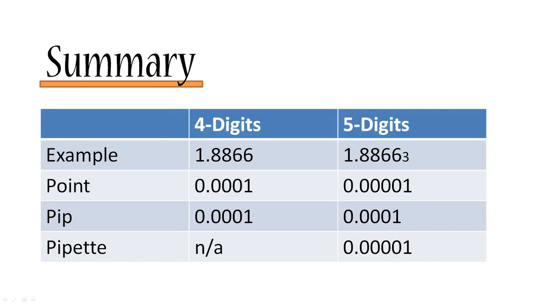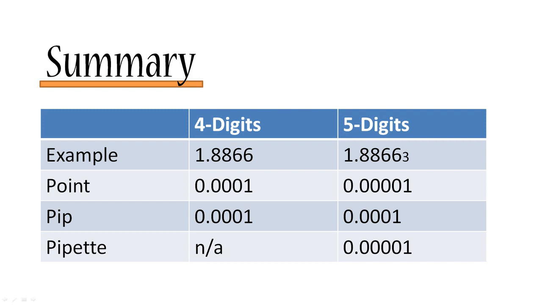So just to summarize what we discussed, we've got the 4-digit system and the 5-digit system. Example is the British pound Australian dollar quotation that we looked at, 1.8866 in the 4 digits and 1.88663 in the 5 digits. 1 point is always the minimum change. In the 4-digit system, it's 0.0001.